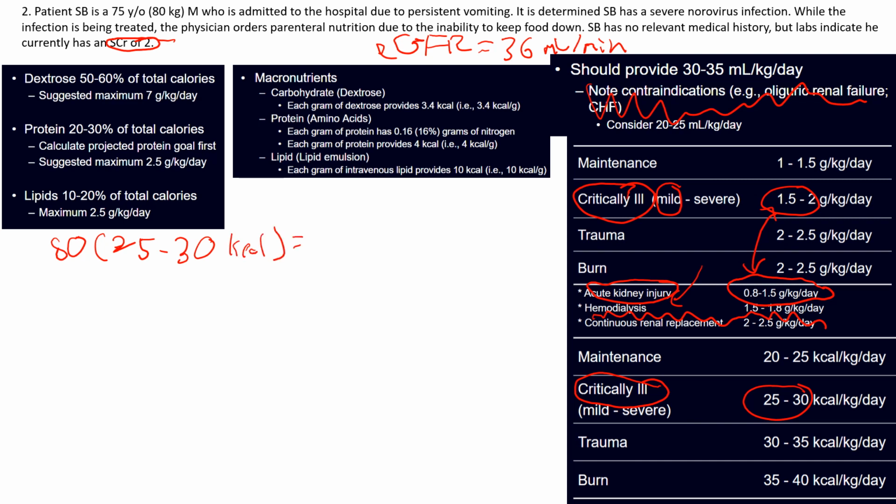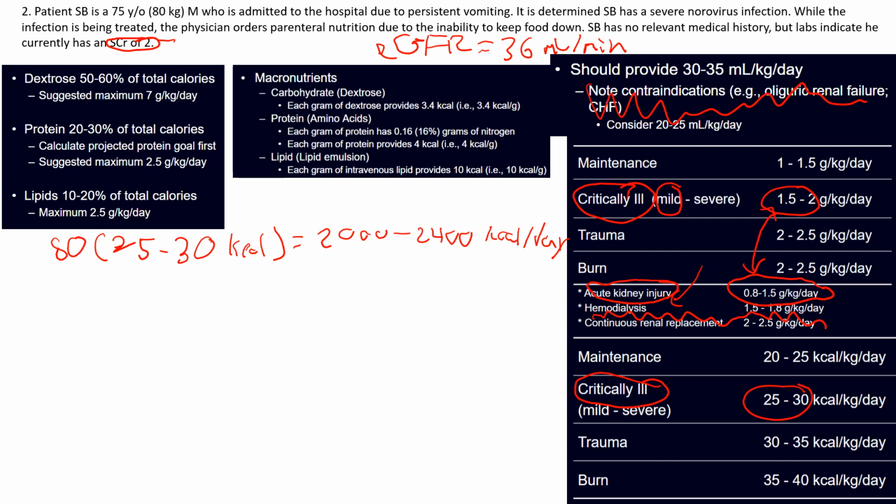If we do the math on that really quick, we get 80 times 25, which is 2,000, to 30 times 80, 2,400 kcal per day. Now, realistically, it doesn't matter which one of these we choose.